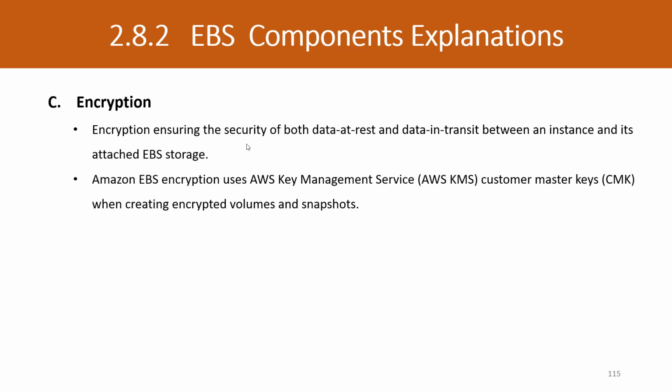Let's discuss how we can enumerate using the command line utility and how we can perform data exfiltration. We are going to create a snapshot, then create a volume, and then we can exfiltrate the data.